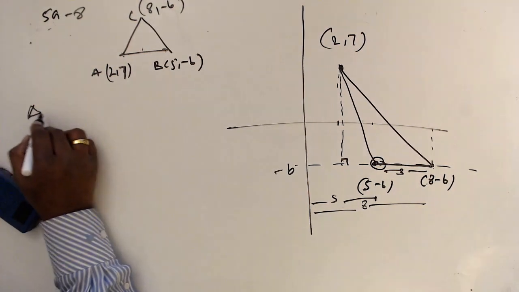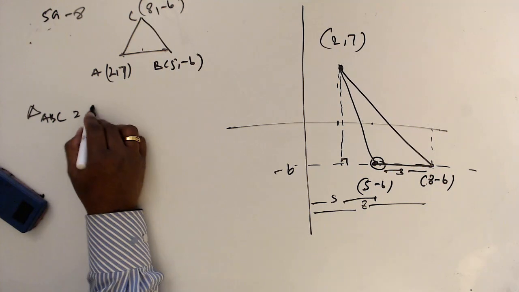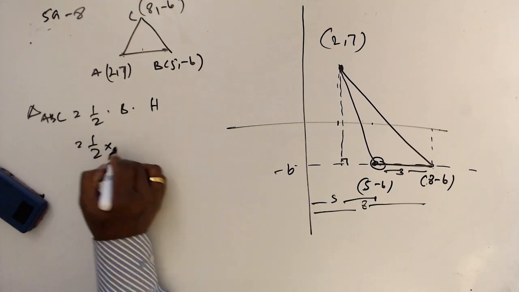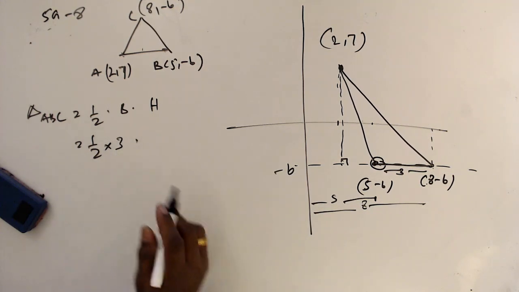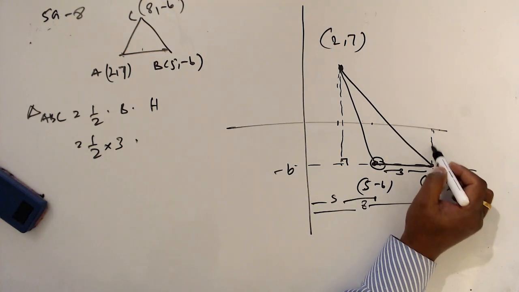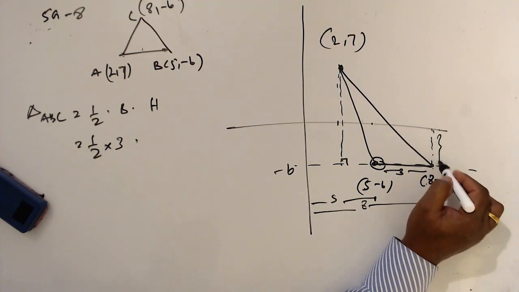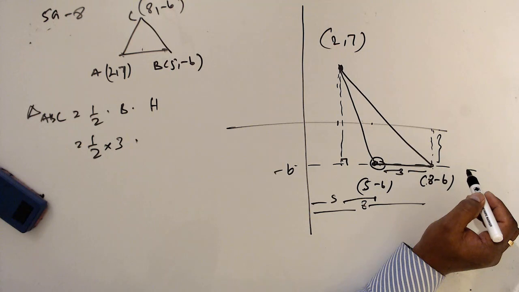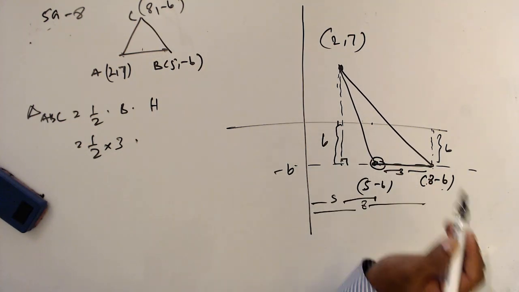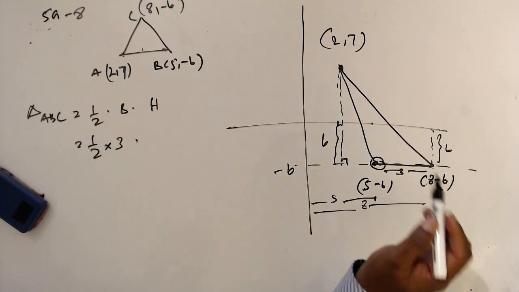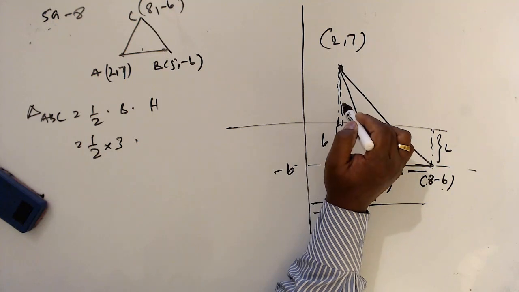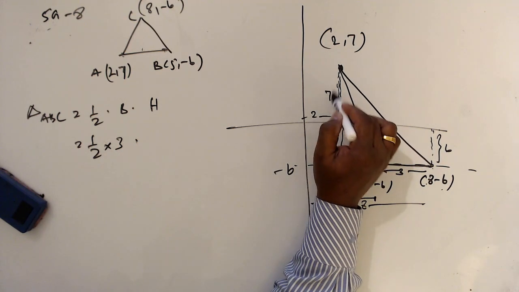So the area of triangle ABC is half base times height. The base is now 3. Now height is the issue. I know this height is 6 units, and I know this height is, this is 2 and this is 7.